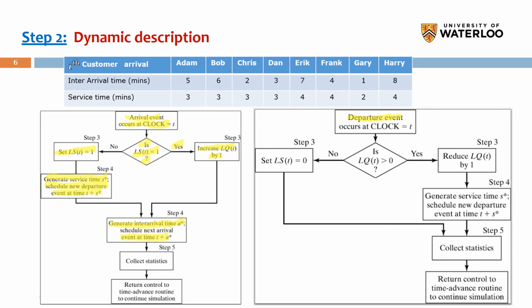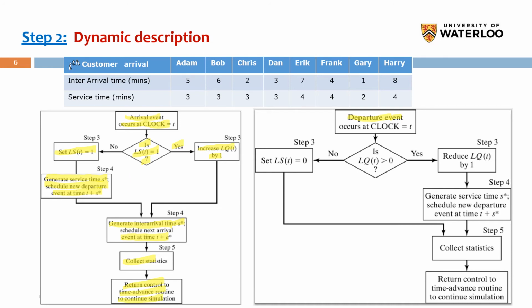We need to include these two new events, departure and arrival, in the future event list, and they will be positioned based on their occurrence time. Then we collect statistics and return control to the time advance routine to continue the simulation.